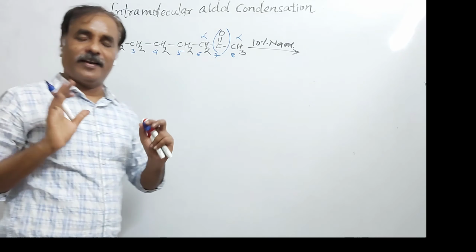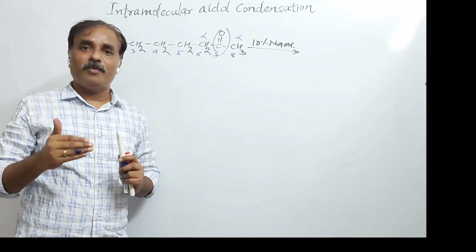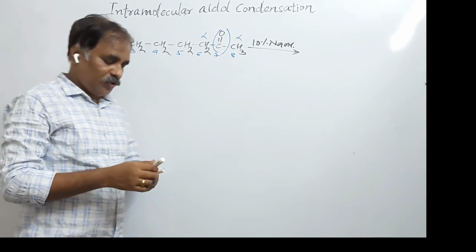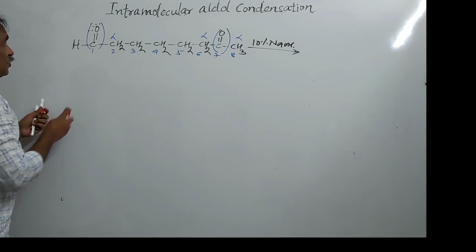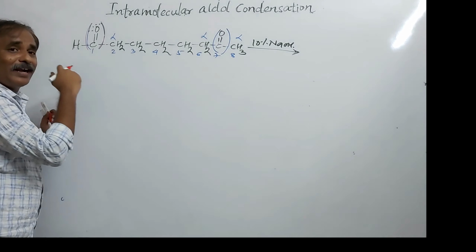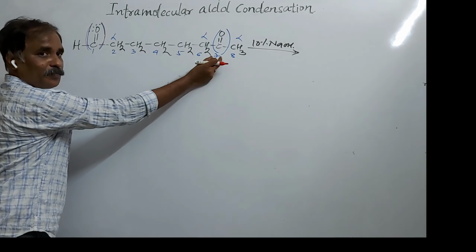Can you tell me which carbon will undergo carbanion formation more effectively? See here, if we compare the reactivity of this aldehyde and ketone, aldehydes are more reactive than ketones. यानी carbonyl group from aldehyde is more electrophilic than carbonyl from ketone. यानी इस carbonyl group पे न्यूक्लियोफाइल का अटैक इफेक्टिवली होगा क्योंकि ये carbonyl group is more electron deficient compared to this one.